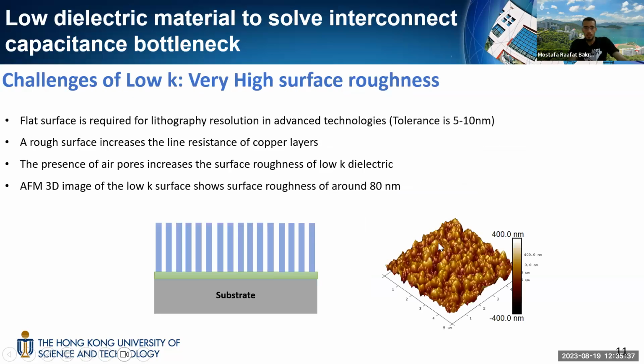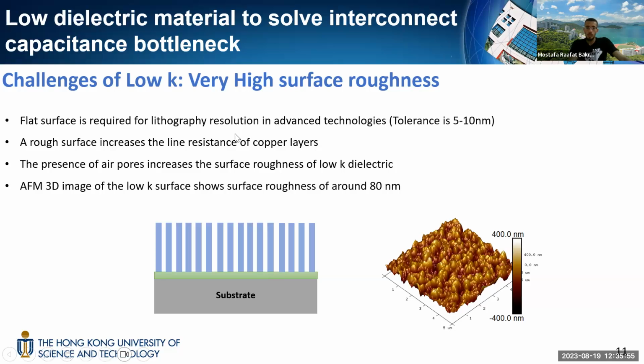But this technology still has some challenges. The first important one is surface roughness. Surface roughness is a serious issue for advanced technologies because for the lithography resolution in advanced technologies, we need surface roughness in the range of 5 to 10 nanometer.